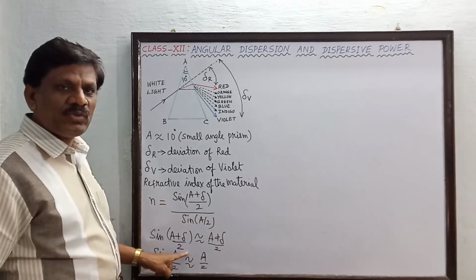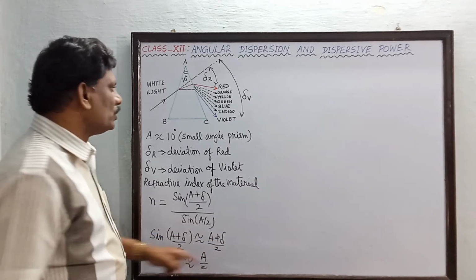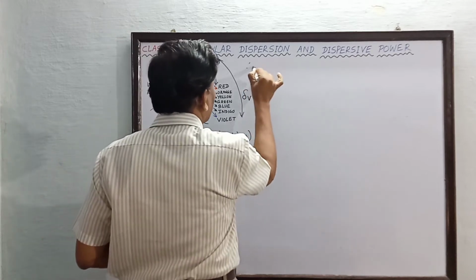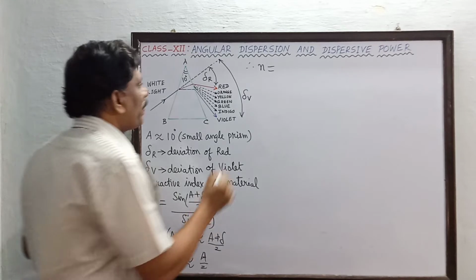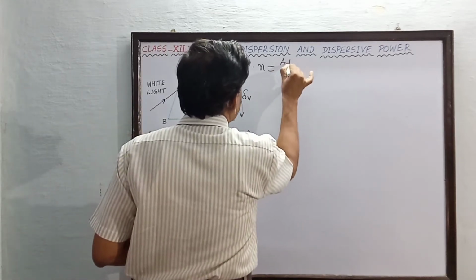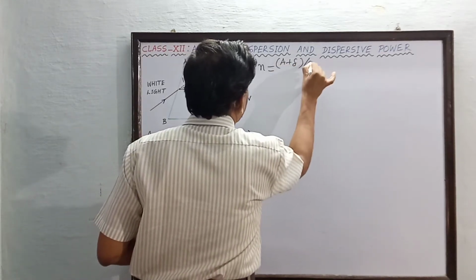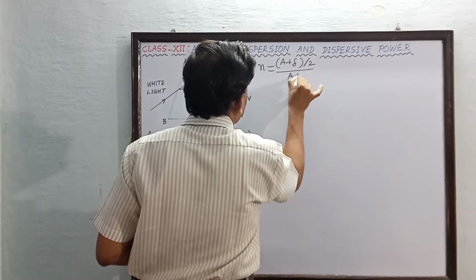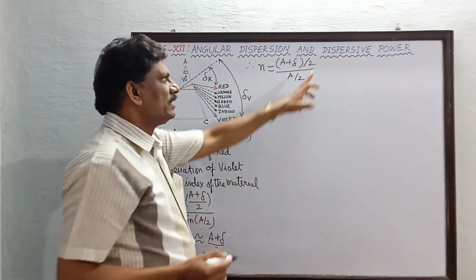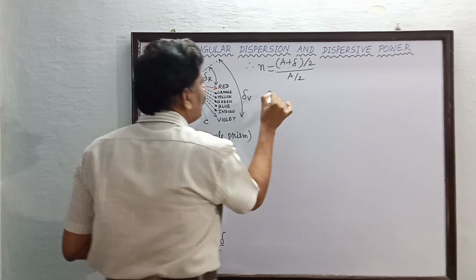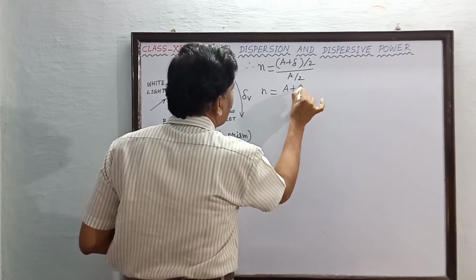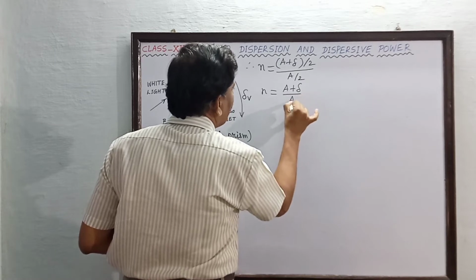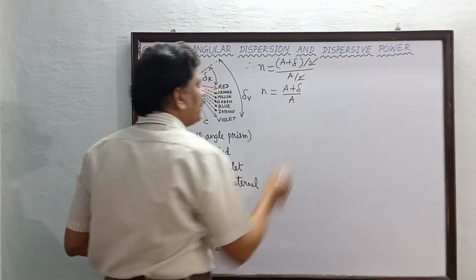Similarly, sine of A by 2 is nearly equal to A by 2. Therefore, I can write the refractive index of the material is equal to (A plus delta) divided by 2, whole divided by A by 2. So this denominator 2 can be cancelled, and n is now equal to (A plus D) divided by A. So these two get cancelled.